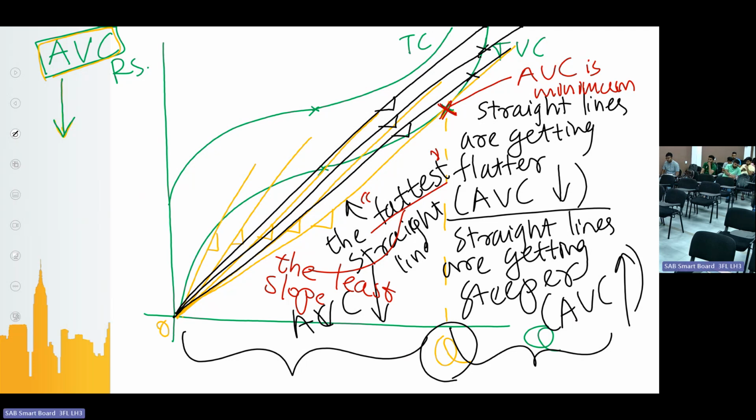So since it represents the least slope at this level of output, AVC is the minimum. So the AVC curve has a shape like this.